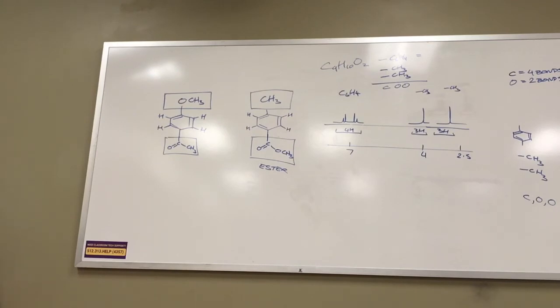That's the methoxyacetophenone. It's the one on the left. And it has the big, broad doublets, two singlets. One closer to 2 and one closer to 4.